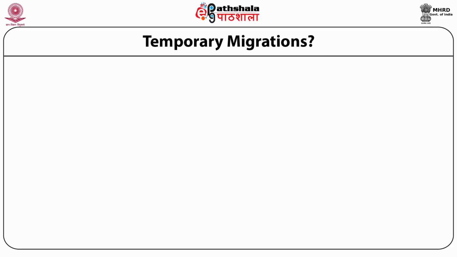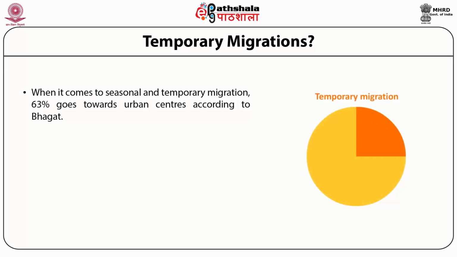Temporary migrations. According to Bhagat, when it comes to seasonal and temporary migration, 63% goes towards urban centers. The pioneering anthropological accounts by Jan Breman provided a decades-long longitudinal view of circular migration in rural Gujarat.